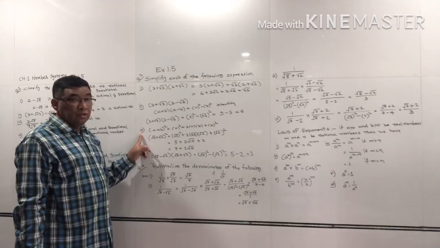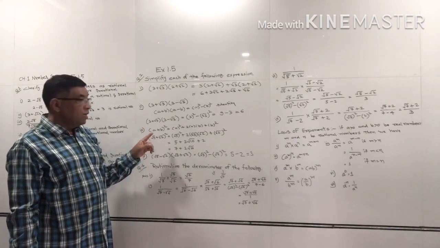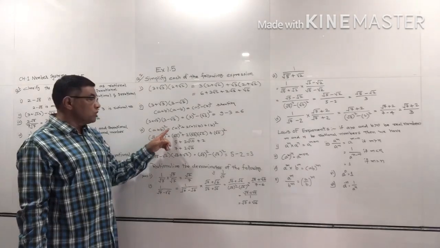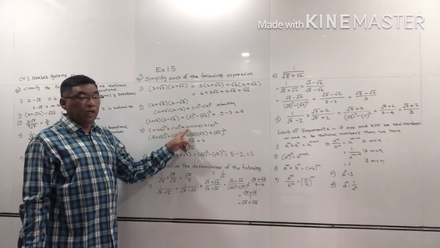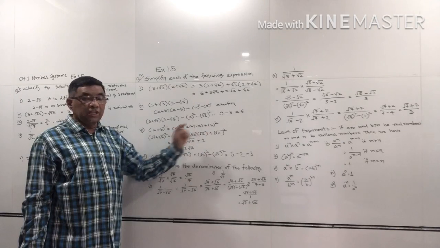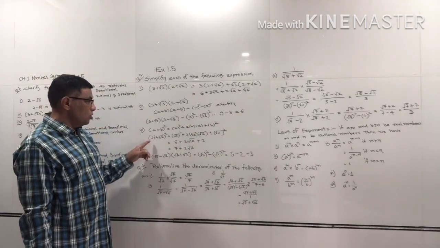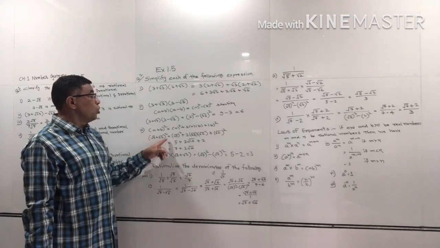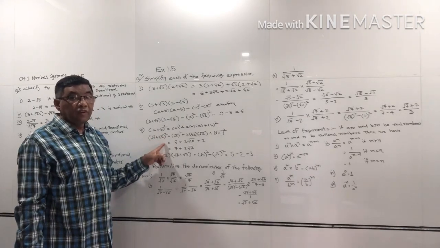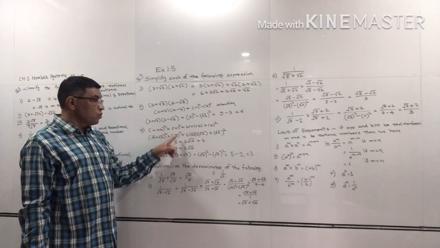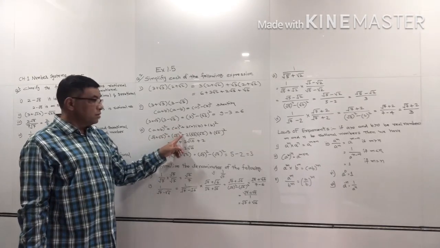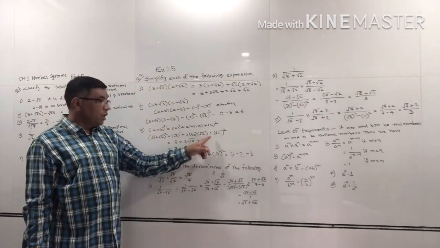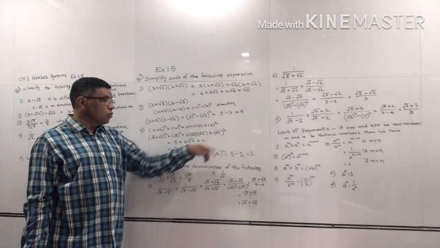Third one, which is based on the identity (a plus b) whole square, which is equal to a square plus 2ab plus b square. So here the question is (root 5 plus root 2) whole square, which is equal to root 5 whole square plus 2 into root 5 into root 2 and plus root 2 square.